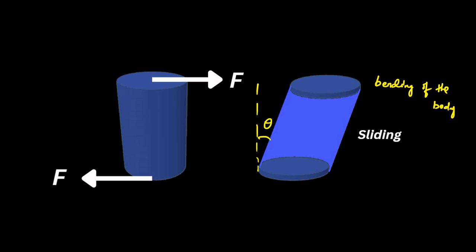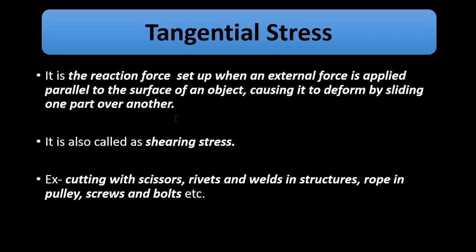So tangential stress is the reaction force which is set up when an external force is applied parallel to the surface of an object, causing it to deform by sliding one part over the other. It is also called shearing stress.